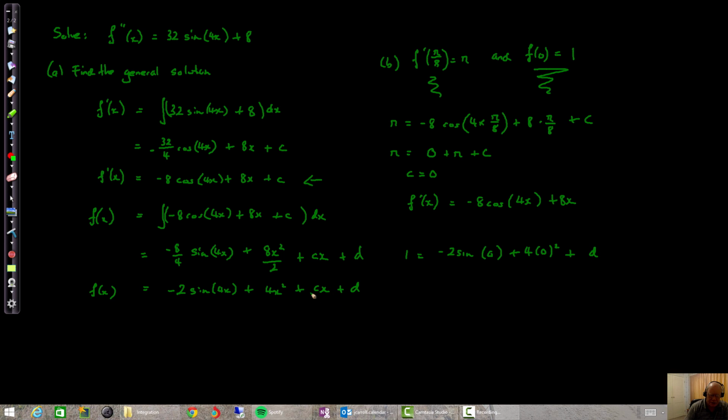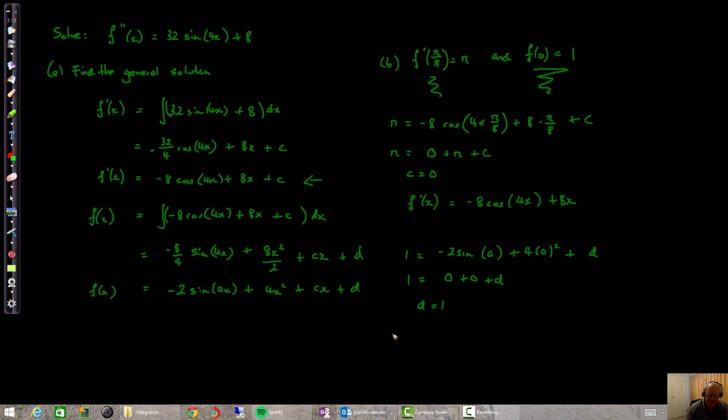Remember this part here, cx becomes 0 because we've just found c is 0. Okay, so what are we going to get here? 1 is equal to, the sine of 0 is 0, so that's 0 plus 0 plus d. So d is equal to 1.